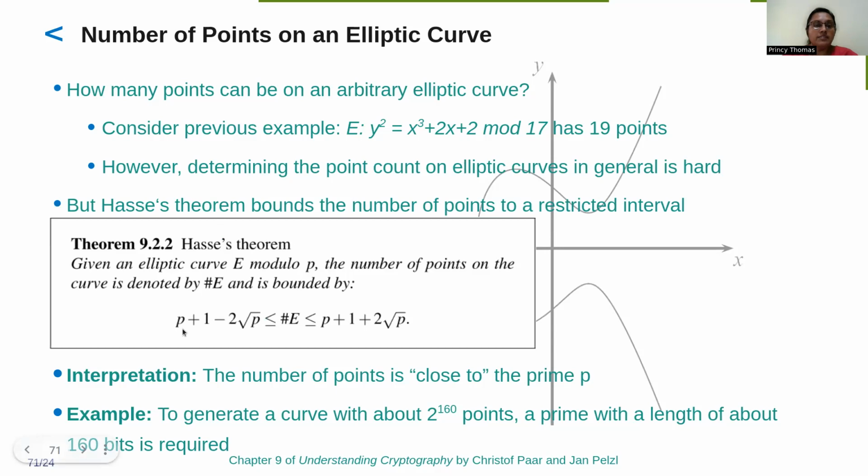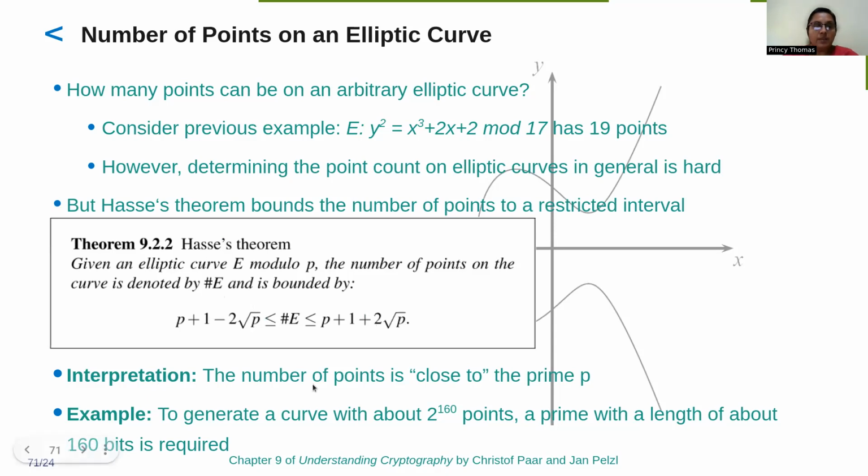That equation is p plus 1 minus 2 root p. This can be derived, but we are not going into the derivation. So the value is between p plus 1 minus 2 root p and p plus 1 plus 2 root p. Since root p is very small compared to p, the 1 and the 2 root p can be neglected.